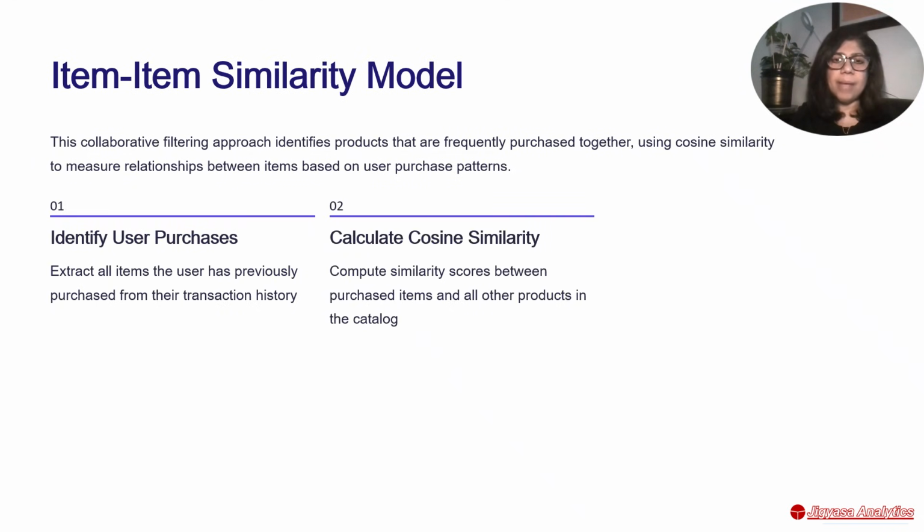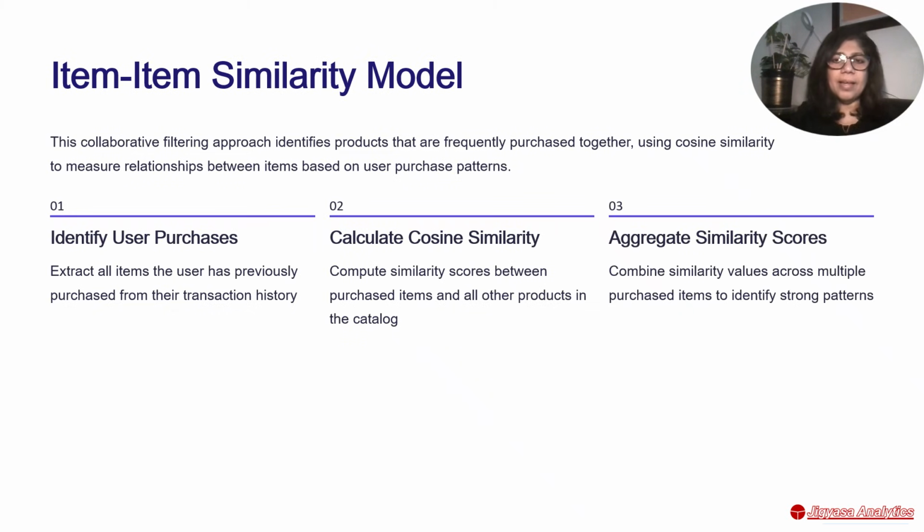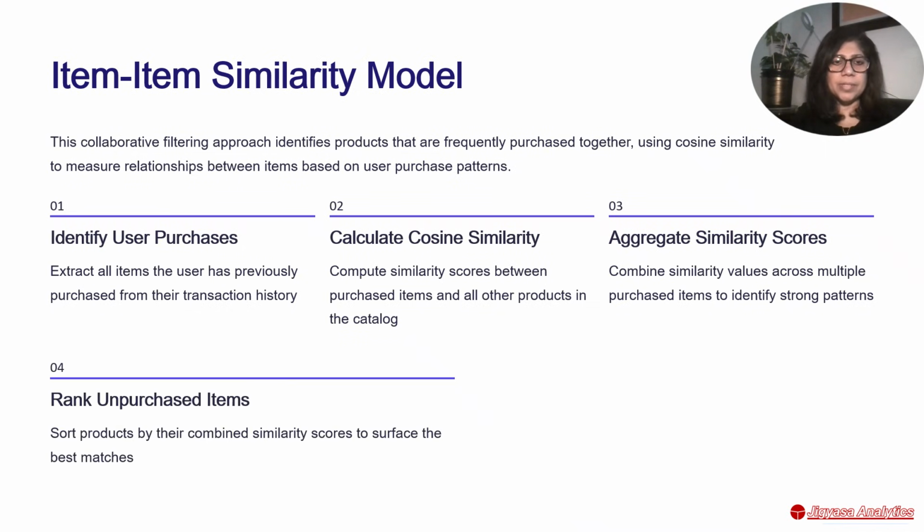In the second step, we try to compute similarity scores between the purchased items and all other products in the catalog which the user has not yet purchased. And a lot of different similarity measures can be used, but cosine similarity is most commonly used. Next, we combine the similarity values across multiple purchased items to identify strong patterns for the unpurchased items.